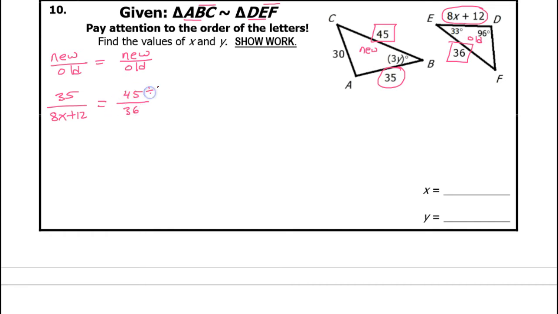Okay, now both of these are divisible by 9, so I choose to reduce these. So I have 35 over 8x plus 12, but this is going to reduce down to 5 over 4. So now we will cross multiply.